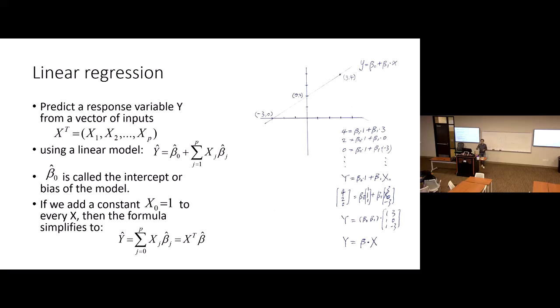So this makes it abstract from the car example. These are just variables, this x and this y.